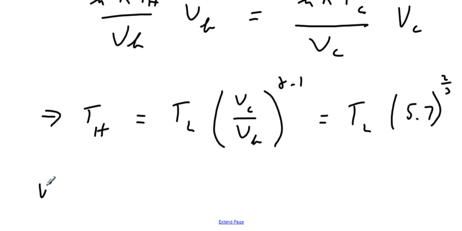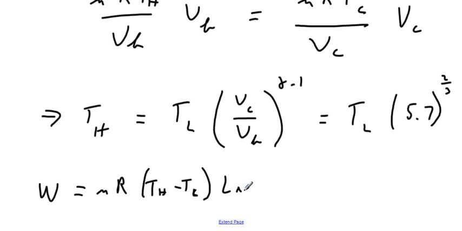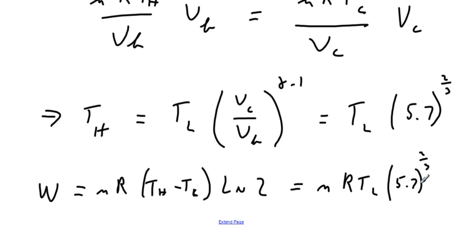So the work is going to be nR times TH minus TL times natural log 2, which ends up being nR TL times 5.7 to the 2/3 minus 1 times natural log 2.